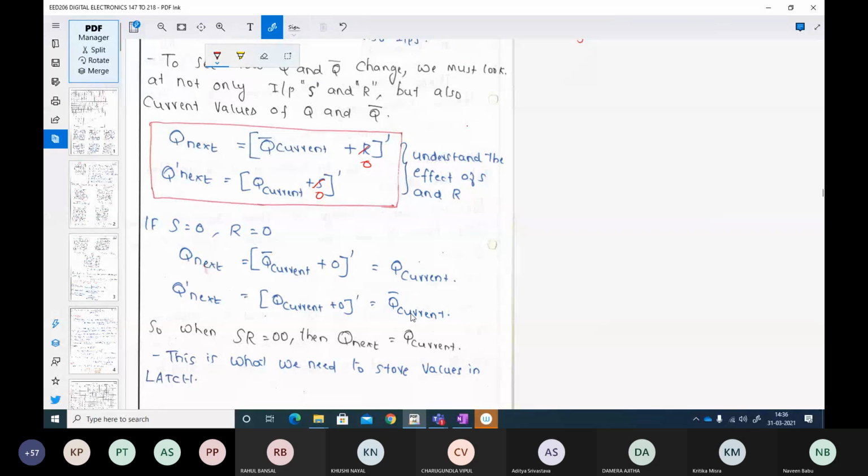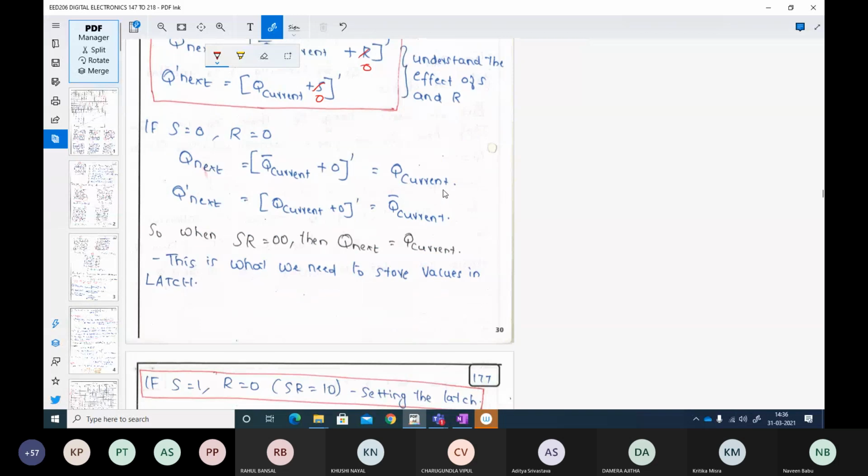So what you conclude from here is when your input is 0 and 0, then your output is the same as your previous state. Your Q of next state is the same as your previous state. This is what we say it is storing its value. This is what we call a latch. It is latching its value.